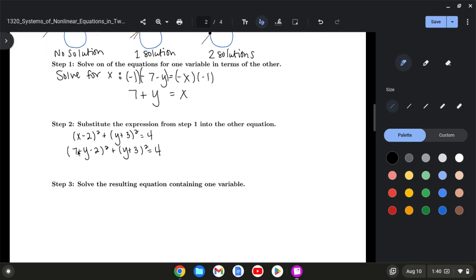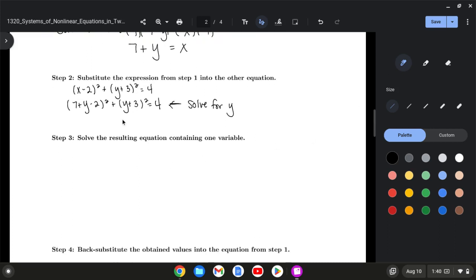All right, so now if you look at this equation, we got rid of all of our x's. We are only left with y's and constants. So now, step 3, we're going to solve this equation for our variable that's left, which is y. So I'm just going to continue my work down here.